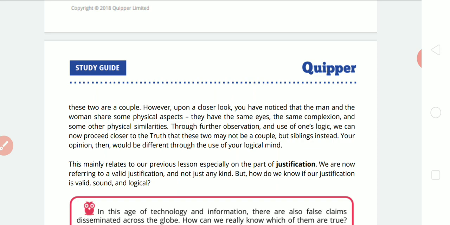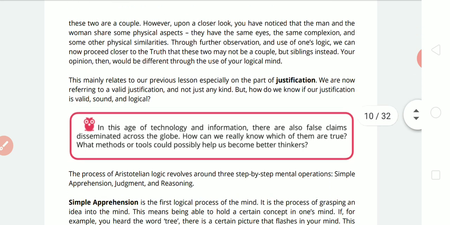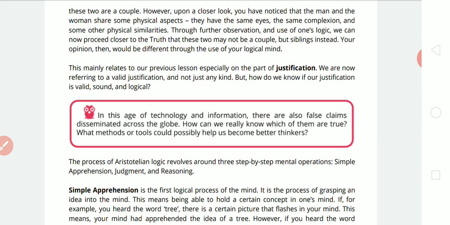Now, a certain statement is true if you are able to validate it or if you're able to justify or provide evidences and reason out. But how do we know if our justification is valid? Valid siya, sound, and logical. So, unsa diay ang basis niya?